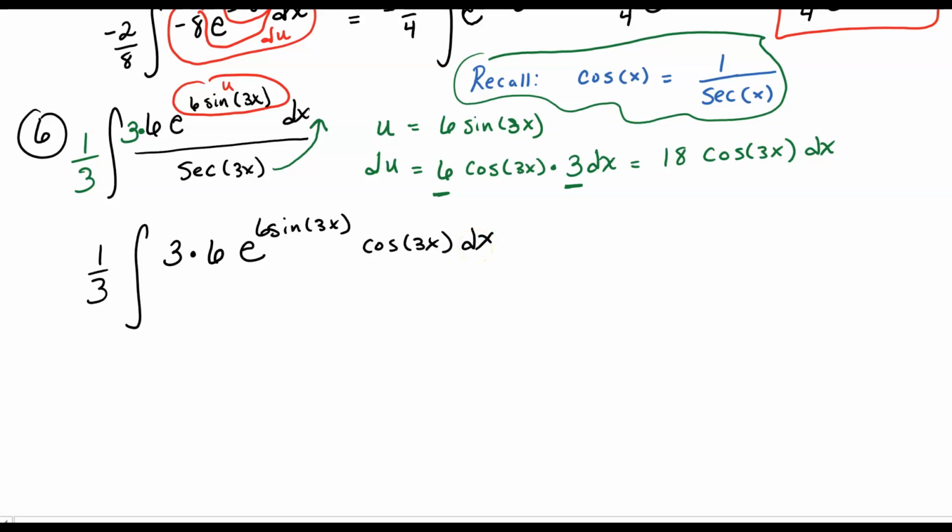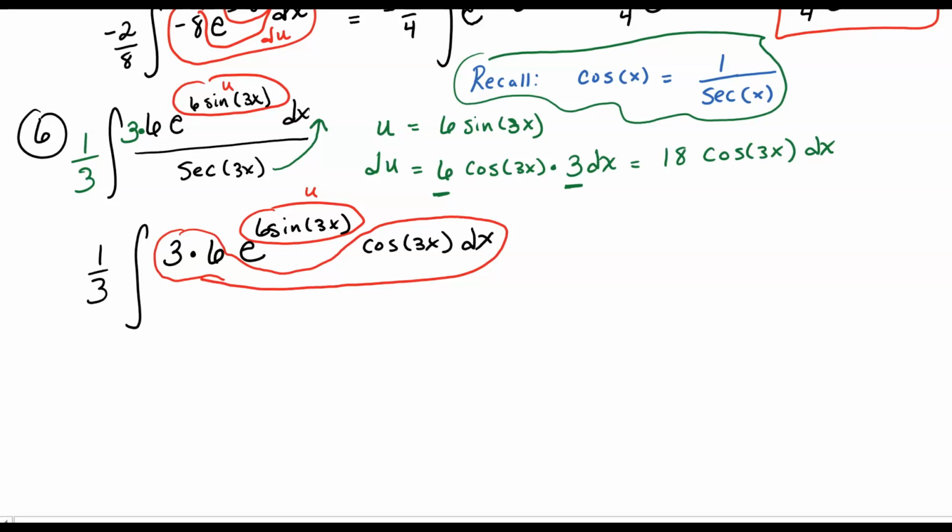Okay, cool. Now we're going to do our ring. This right here is u, and then if I look here, 6, 3, cosine 3x, there's my 3, there's my 6, there's my cosine 3x, and my dx.